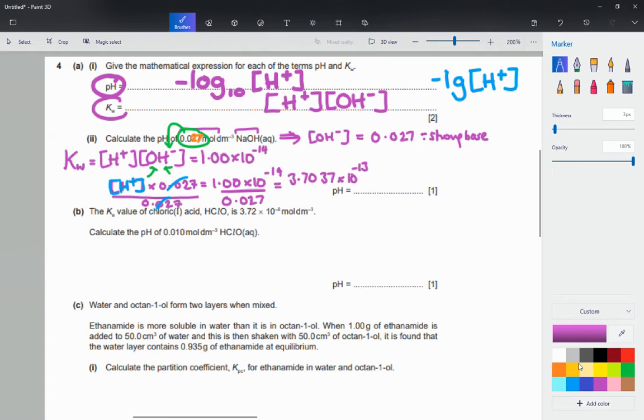If you put it into a calculator, I would put brackets around the 1.00 times 10 to the minus 14 and divide that by 0.027.